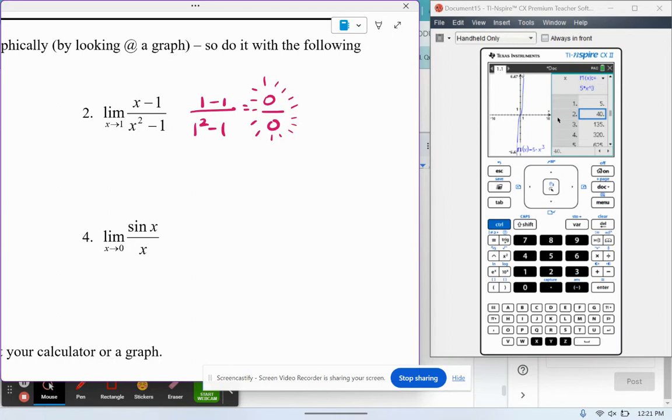Since it's a polynomial, you can factor and see if any common factors cancel, because what makes a hole in a graph? Common factors canceling, right? See if you can factor this, find any common factors, cancel them, and then see what you're left with, okay?